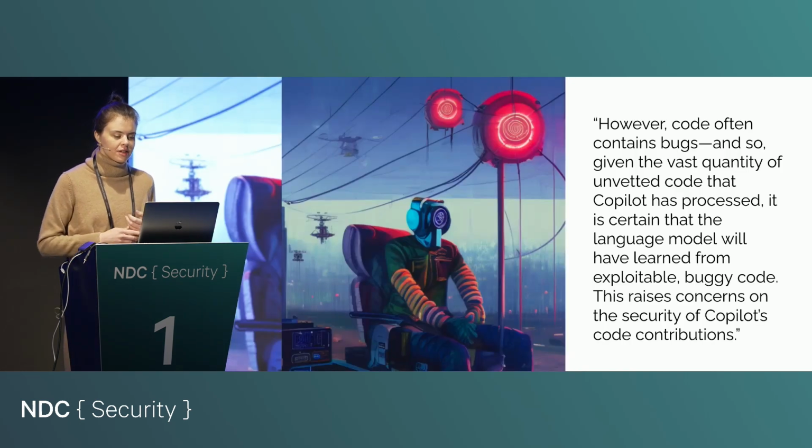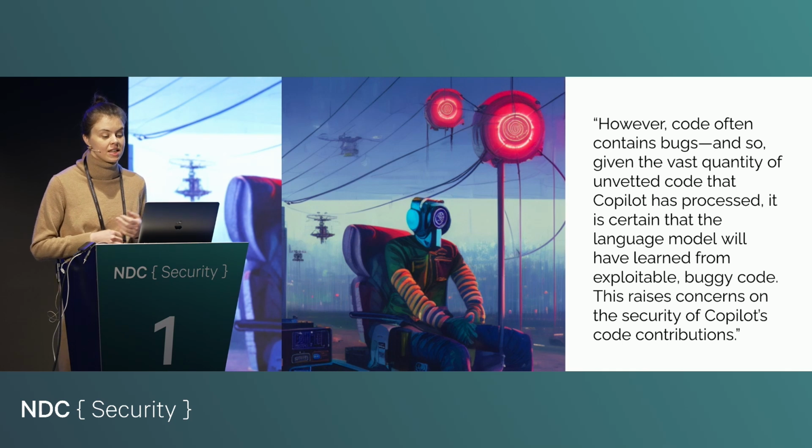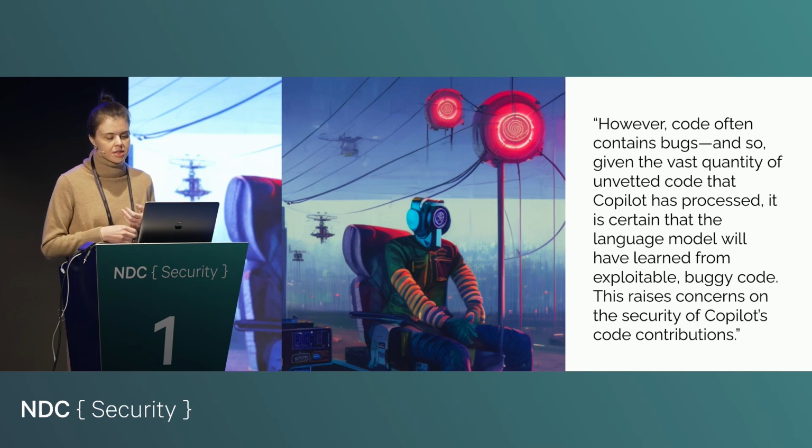And there has also been a lot of interest from the academic security research side in quantifying exactly how many vulnerabilities large models like Copilot are introducing into code bases. This is a quote from a paper that was recently published that says that, given the vast quantity of unvetted code that has been put into Copilot, there will be a high probability that the language model will have learned from exploitable buggy code.